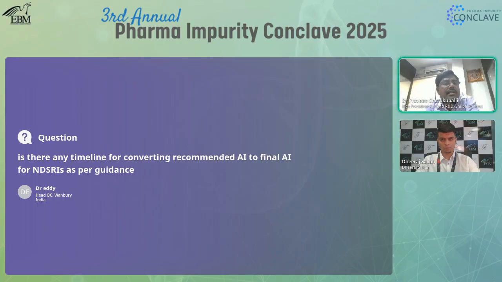Like that, whenever acceptable impurity limits are published on the regulatory authorities' websites, they will give some time. Accordingly, you have to follow the regulatory authorities' procedures in adapting to the acceptable intake limits.